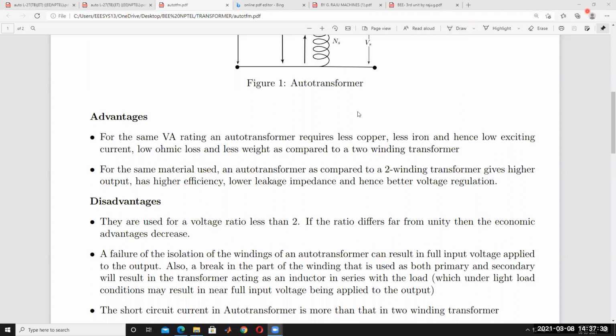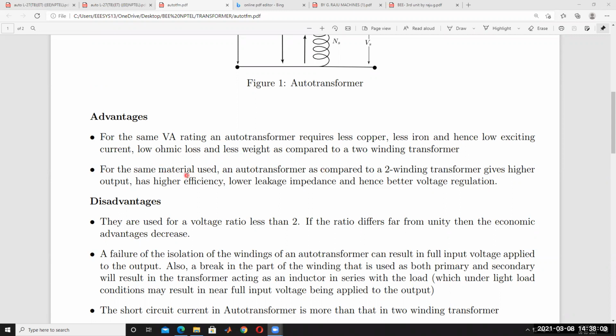Understood? If a two winding transformer is converted into a single winding transformer, that is called an auto transformer, that is called a variac. So these are the different advantages.